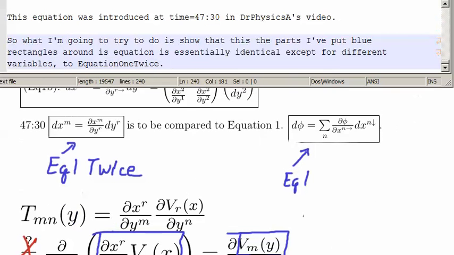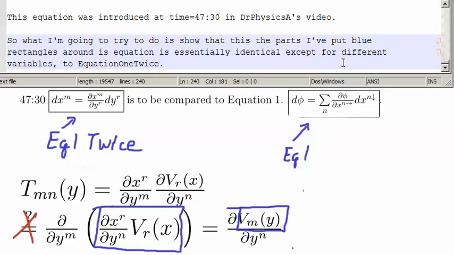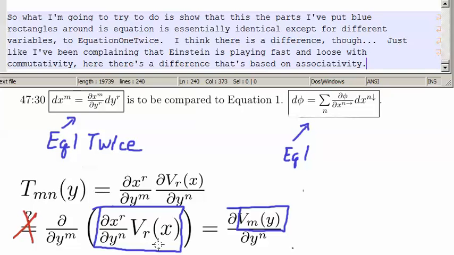So what I'm going to do is show that these parts that I've put blue rectangles around are essentially identical, except for different variables, to equation 1 twice. I think there is going to be a more fundamental difference, though.